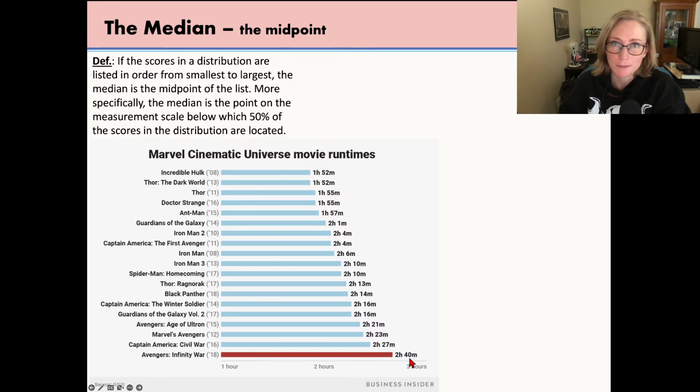So the median would be the value which corresponds to the score that splits the distribution 50-50. So realistically, just eyeballing it here, somewhere here, Iron Man 3 maybe? Does that seem about right? Yeah, you can kind of eyeball it. Or Spider-Man Homecoming, right?